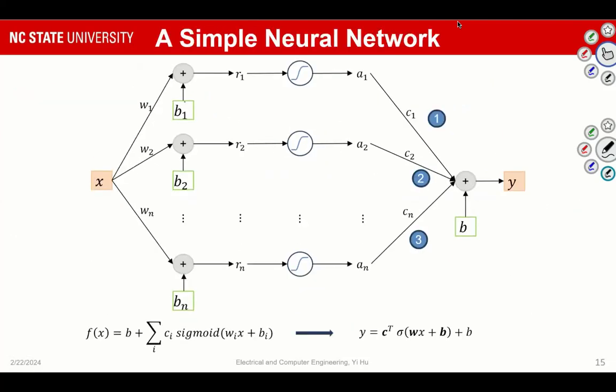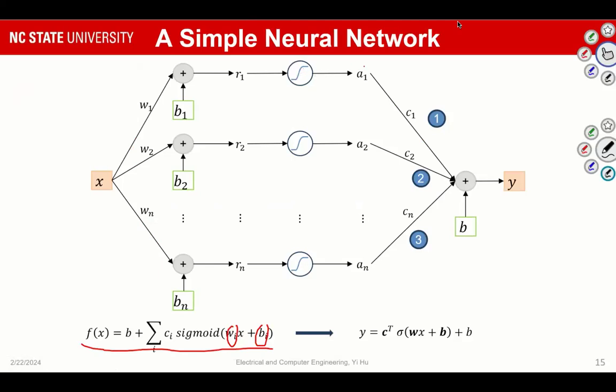Here it is. This is the function we had on the last page. The coefficients, I'm going to write it in this way: x times one of them plus a bias, and then go through the sigmoid. We call it the activation function in machine learning.